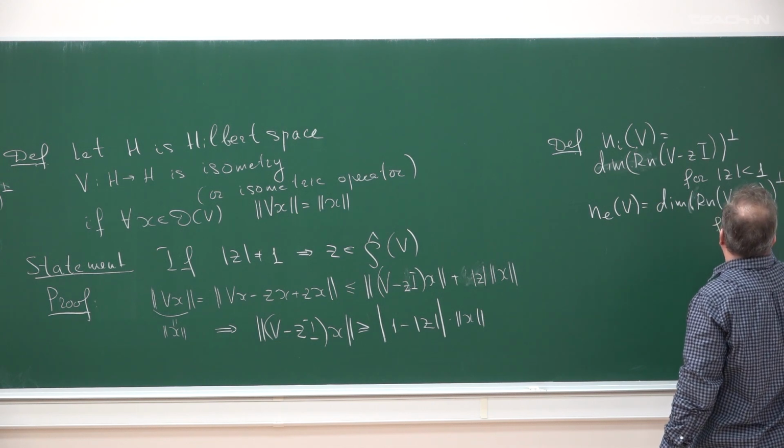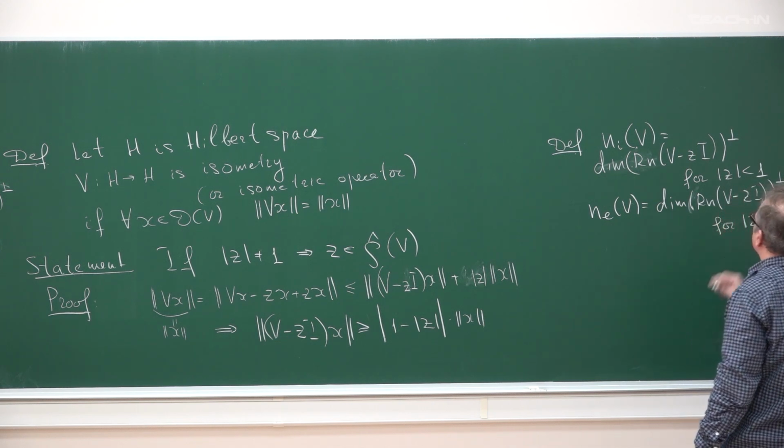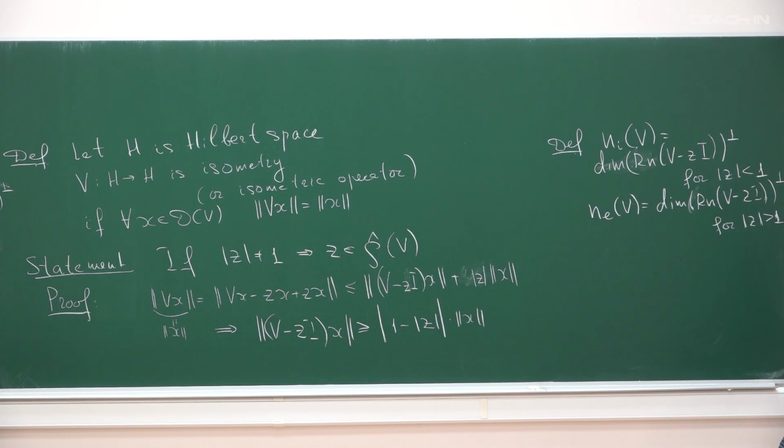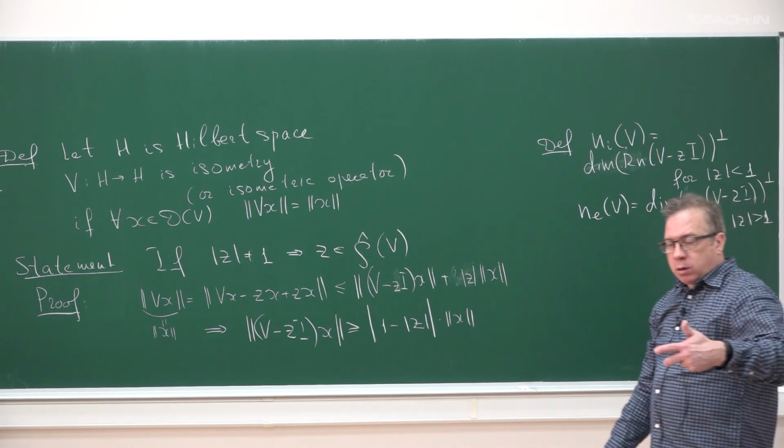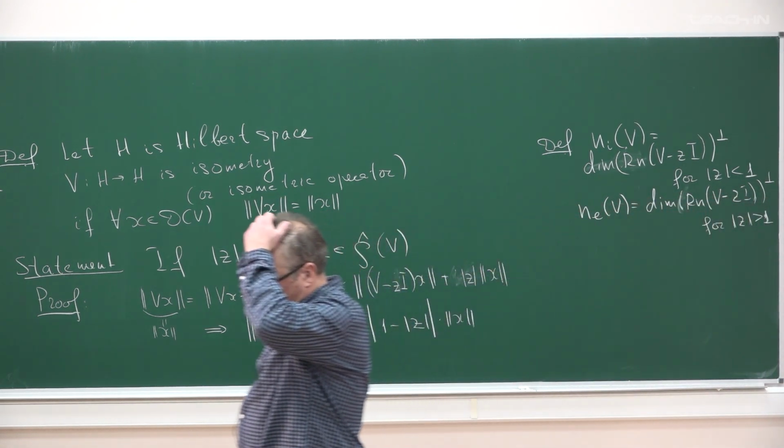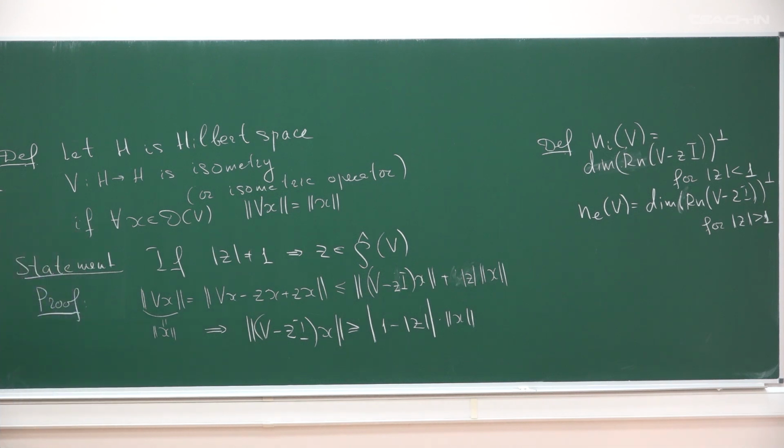And we know that in each connectivity component they are constant. For a symmetric operator we have two components of connectivity, the upper and lower half planes.